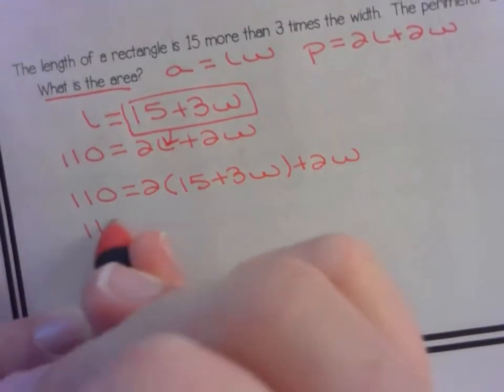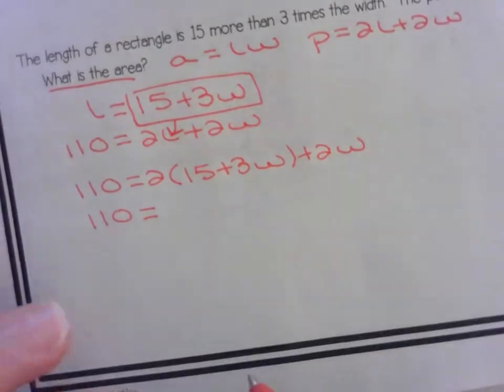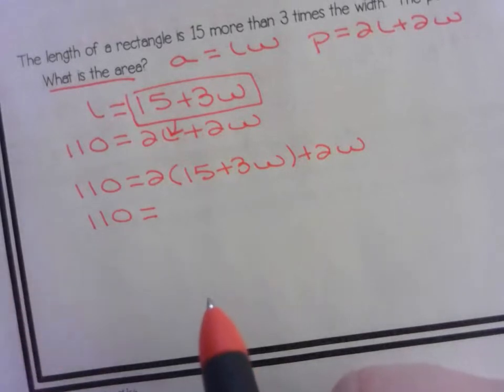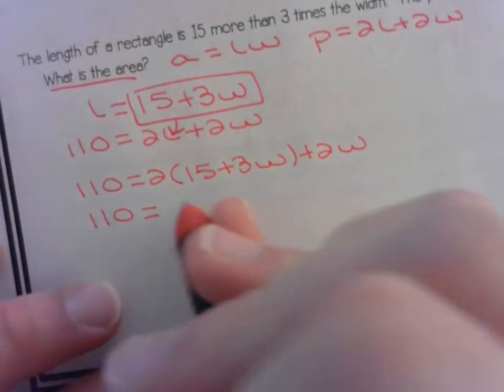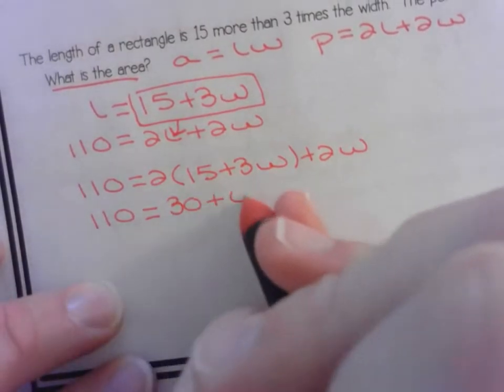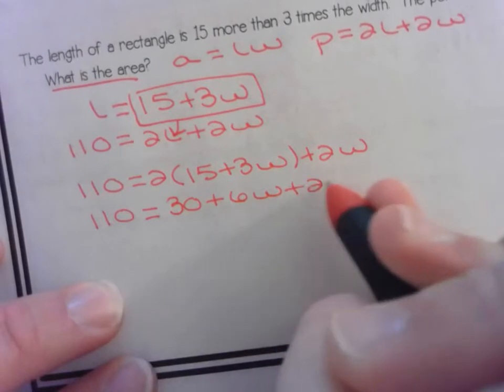Let's solve this equation for W. How do I solve this equation? Someone help her out. Distribute. So if I distribute my 2, what do I get? 30 plus 2W.